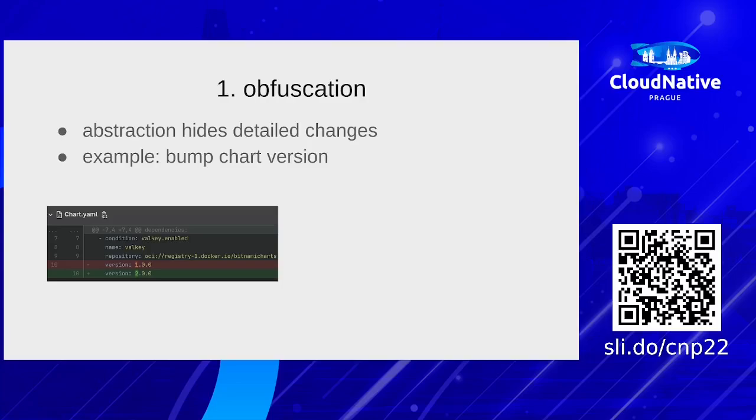And of course, I can examine the chart. I can try to render the manifest locally, maybe even take into account some options that I have specified on the Argo CD application, I mean options for Helm. But yeah, good luck with that.